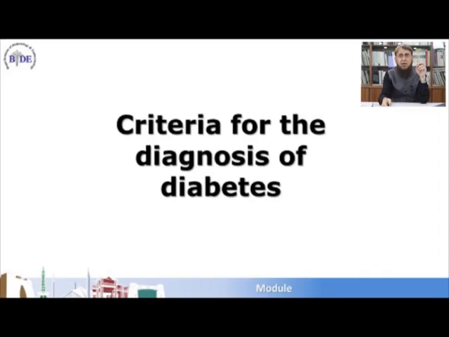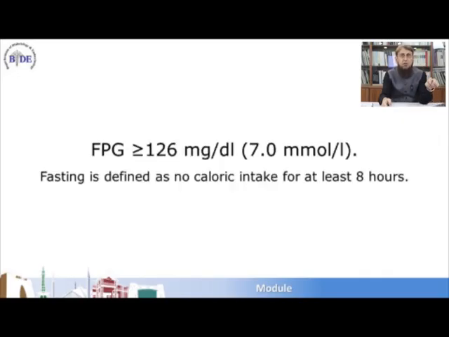So what are the criteria for the diagnosis of diabetes? When someone comes to you and the fasting blood glucose level is equal to or more than 126 milligrams per deciliter, it is taken as fasting hyperglycemia in the range of diabetes.